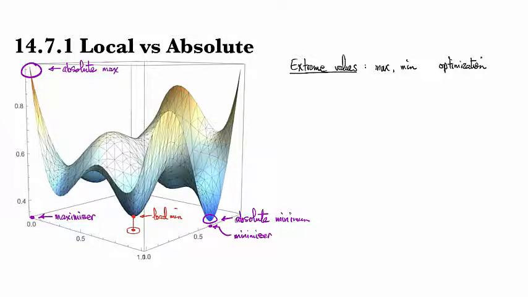If I look at just the function values on this little red disk right here, they're going to get mapped into these values right here, and those are all bigger than the actual dot.